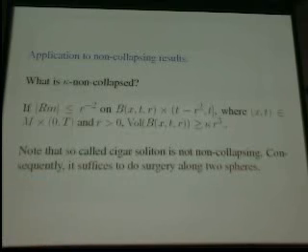Now let me state a little more precisely what he proved as a corollary of his new length functions. One thing is called kappa non-collapsed. What do we mean by non-collapsed? If you have a solution to Ricci flow, and the curvature is bounded by a certain constant on the size of a parabolic ball, then the volume has to be sufficiently big.